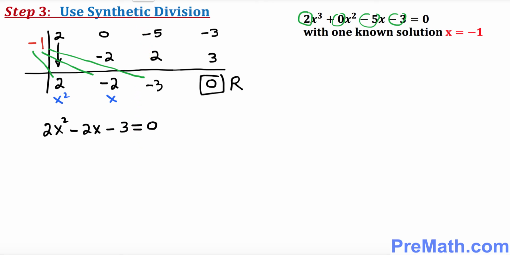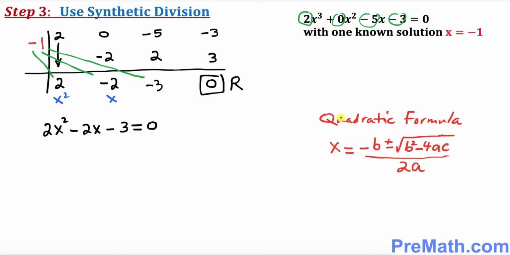Now the next step is to solve this quadratic equation. So we want to use the quadratic formula. I'm sure you are aware of this quadratic formula. We need to figure out, from this quadratic equation, a equals 2, b equals negative 2, and c equals negative 3.